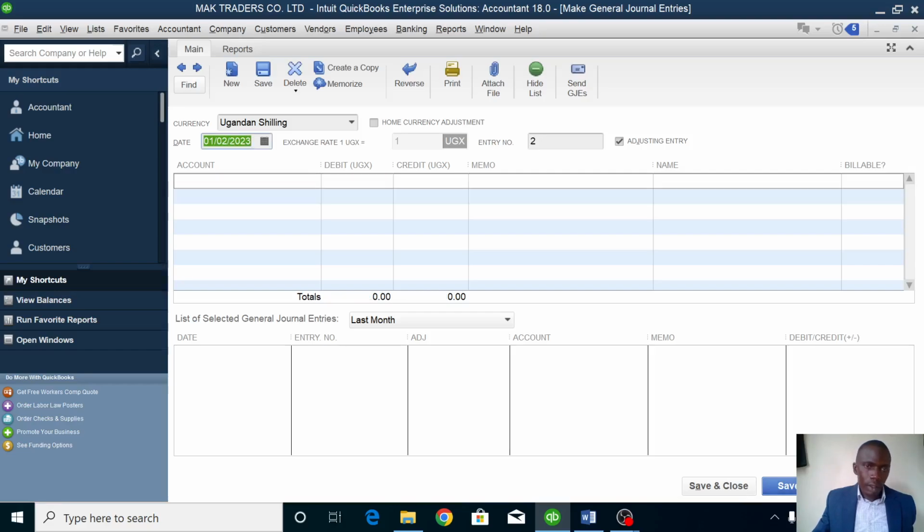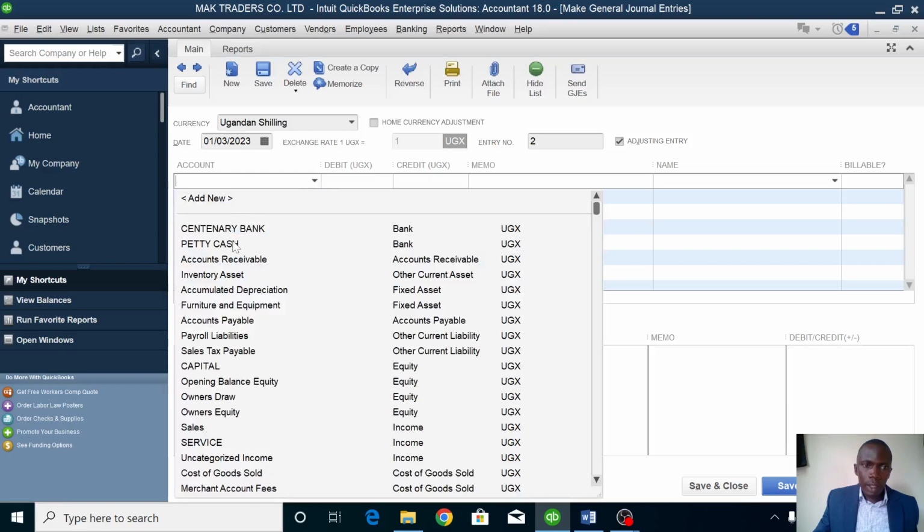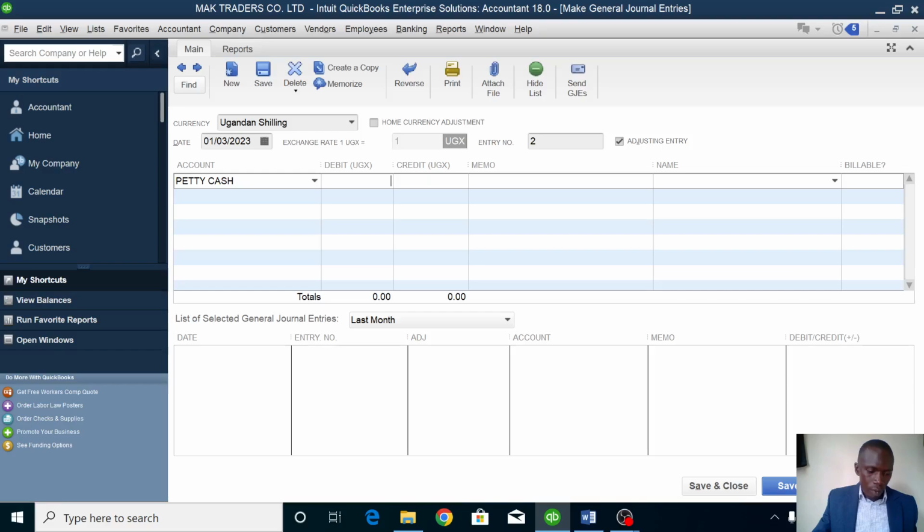Our next transaction is withdraw. Withdraw money. It was on 2nd and 3rd. Withdraw money from the bank for business use, meaning it went into petty cash, which is 10 million.